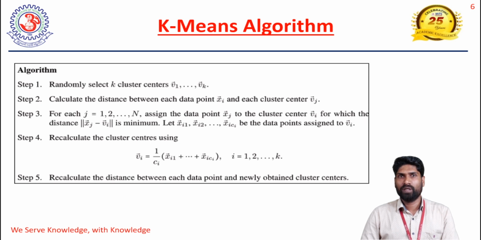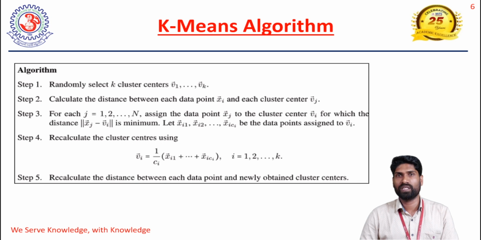After that, for each j from 1 to n, we assign the data point xj to the cluster center vi. That means we find each xj which is very close to one of the vi.